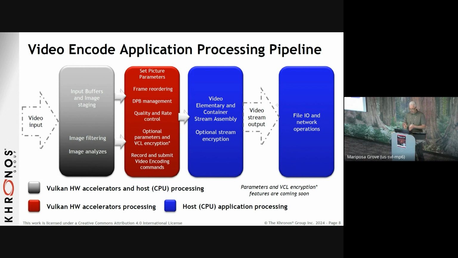And then the red part in the middle is really what the extensions are targeting. Those are things like, for example, encoding the VCL data, which stands for Video Coding Layer.